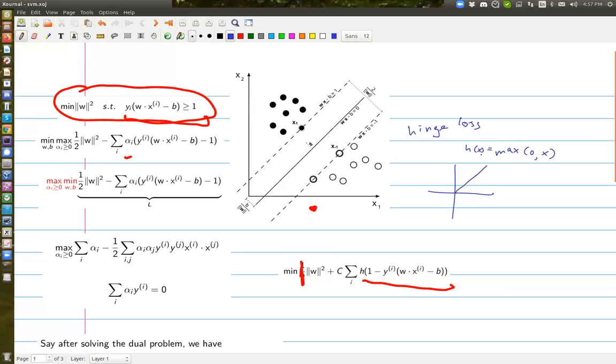So if x is bigger than 0, then it will be x itself. When it's less than 0, it will be equal to 0.